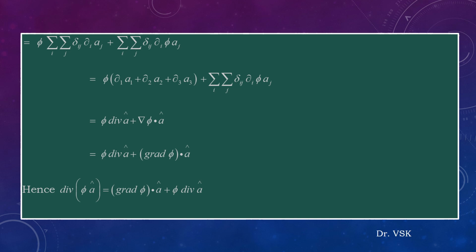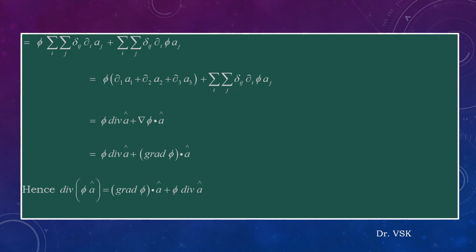So we obtain phi times dou 1 a1 plus dou 2 a2 plus dou 3 a3 plus sigma i, sigma j, delta ij dou i phi aj, which equals phi times div a cap plus del phi dot a cap.